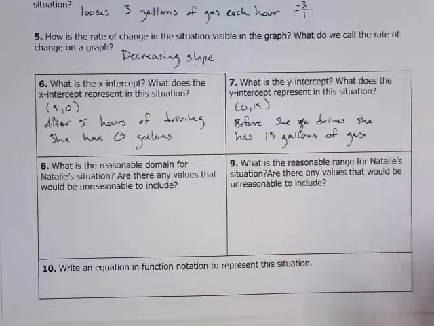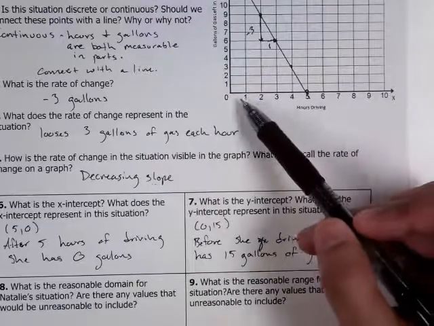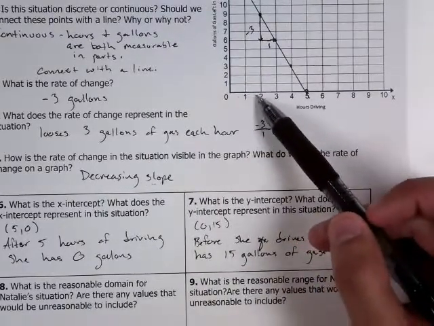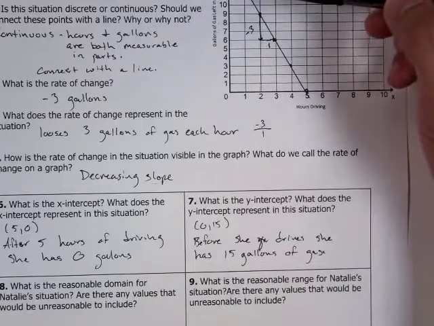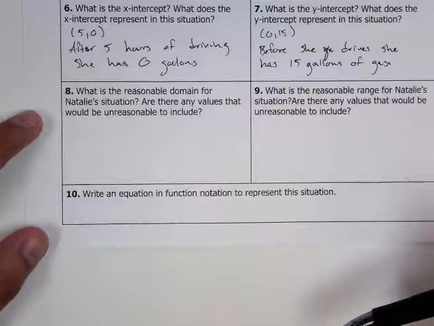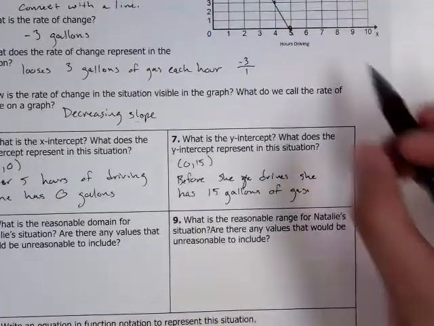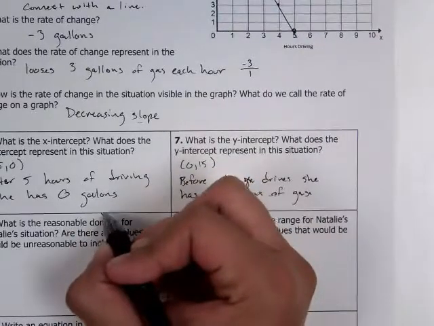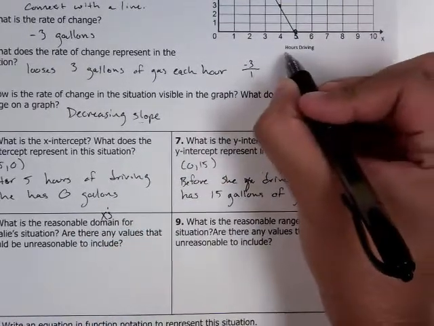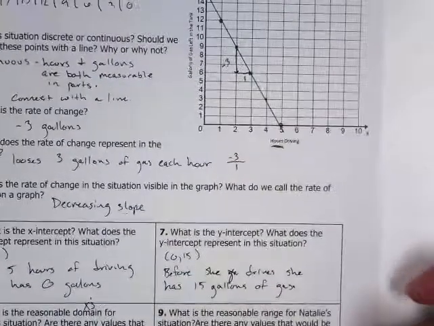Now, since we are able to have parts of a measure, meaning the minutes between the hours and the measurements between gallons are also included, we're going to have to write this as an interval. Her domain is the x values, which are hours of driving. So what's the most she can drive on 15 gallons?